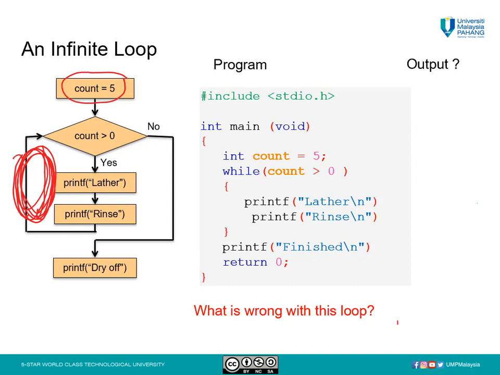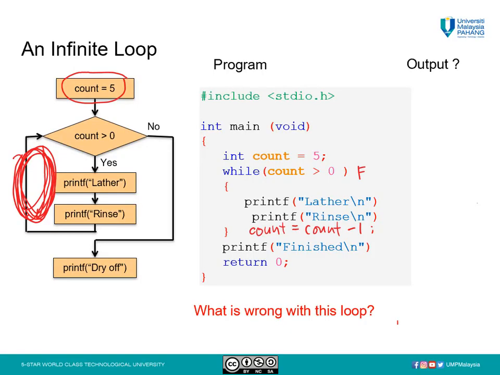So we need somehow to have an iteration variable that changes. In the previous example that I showed you, we have count equal to count minus 1, so that the condition eventually went from true, and then true, and finally became false when count equals 0.